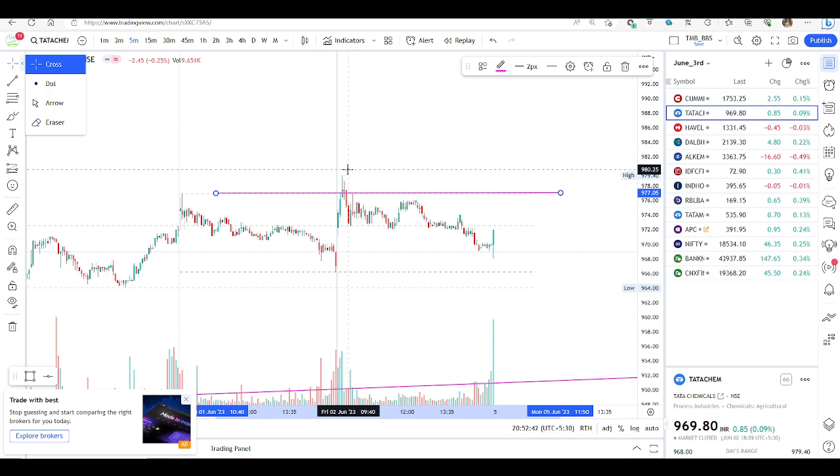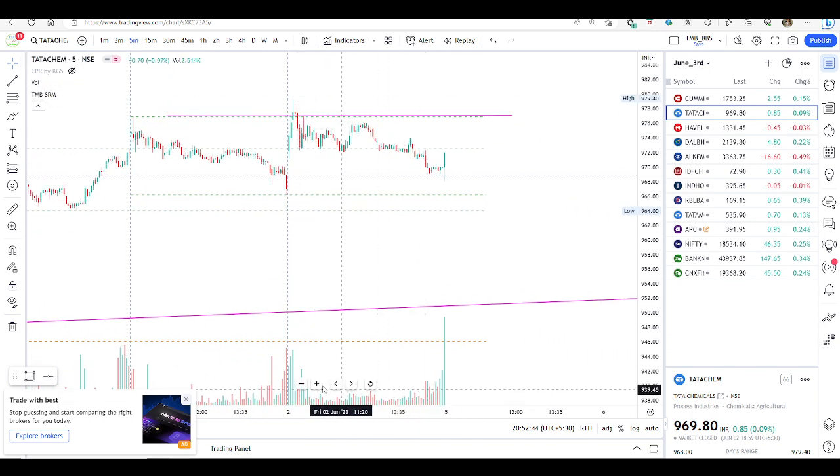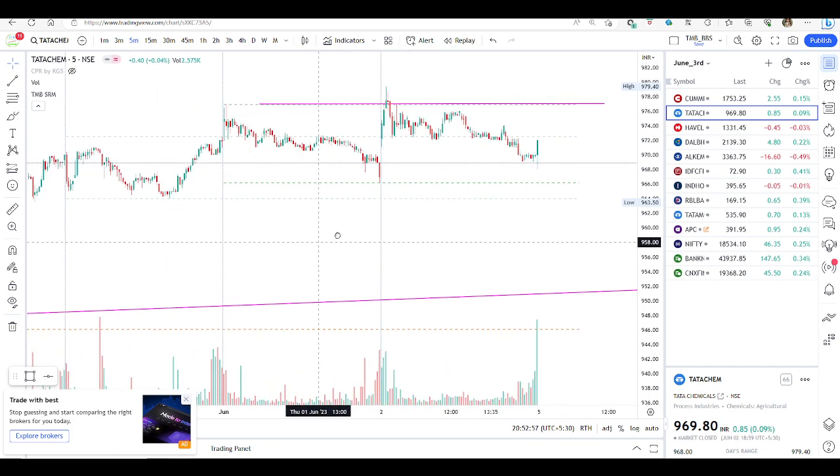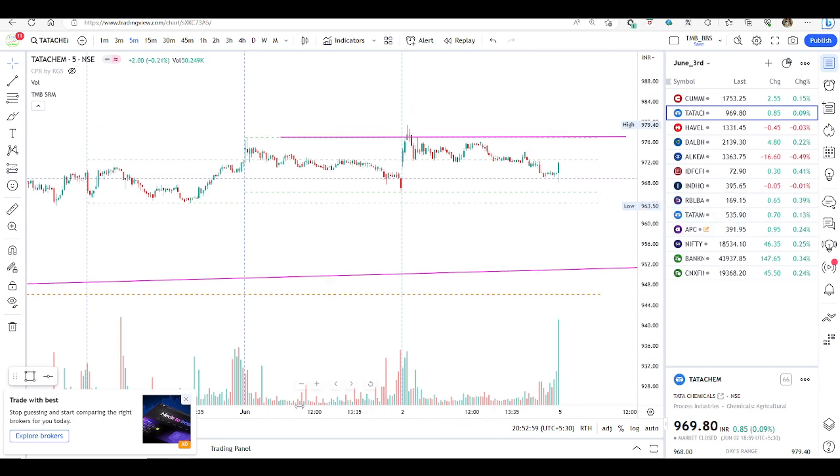Further, if you see the volumes, whenever the green candles are happening, there is huge buying interest. Whenever the red candles are happening, very few people are selling. Buying interest is more than selling interest in the last 2 days.